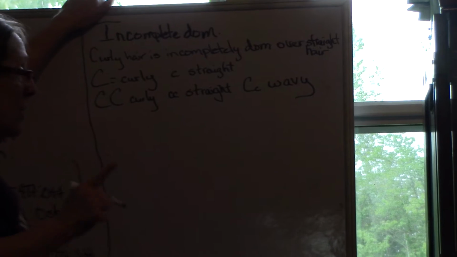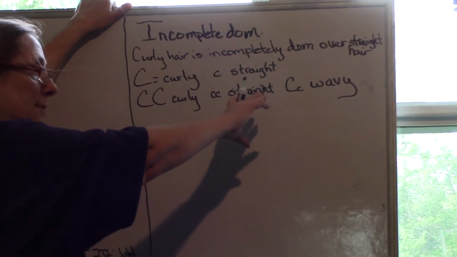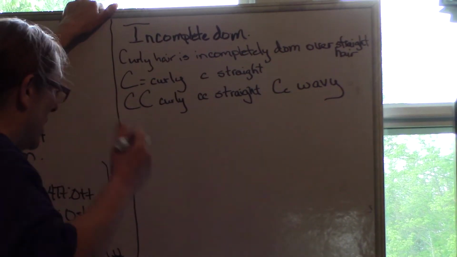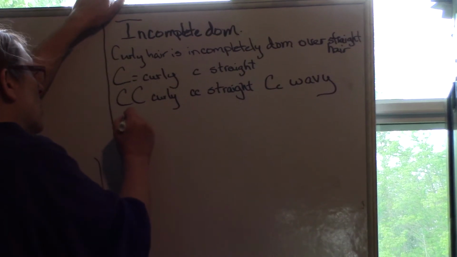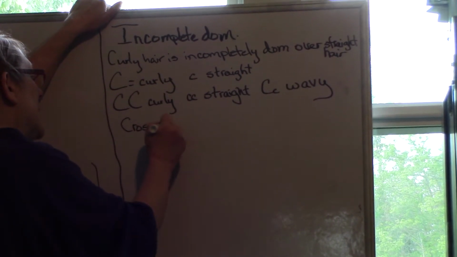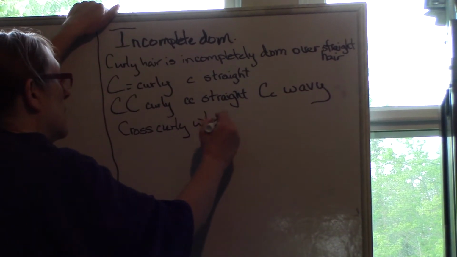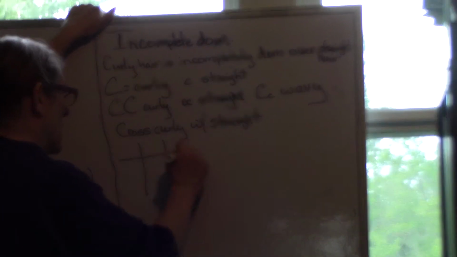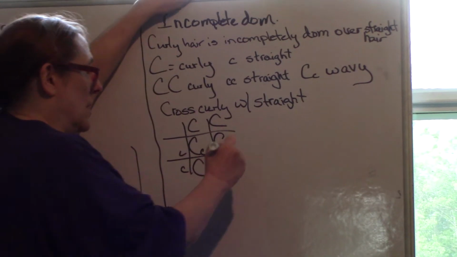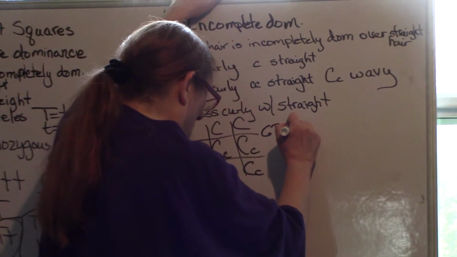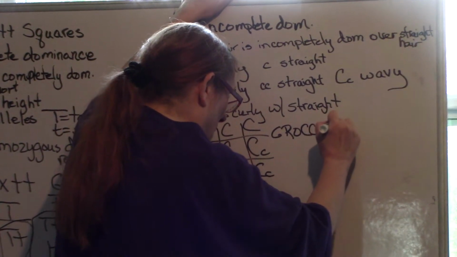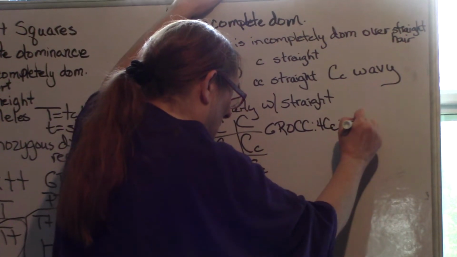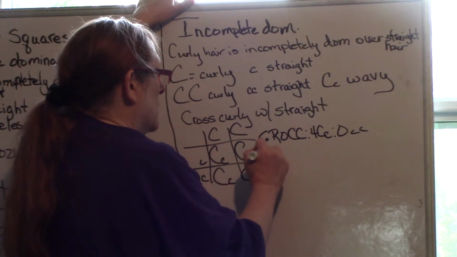All right? So, if you want to kind of get your thoughts together before you try to do the Punnett square, what we end up with, if we cross curly with straight, and we get a genotypic ratio 0 big C big C to 4 big C little c to 0 little c little c, and we get a phenotypic ratio.